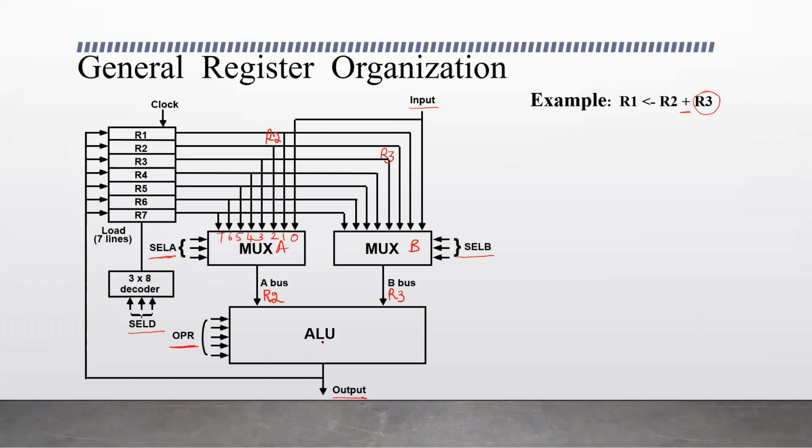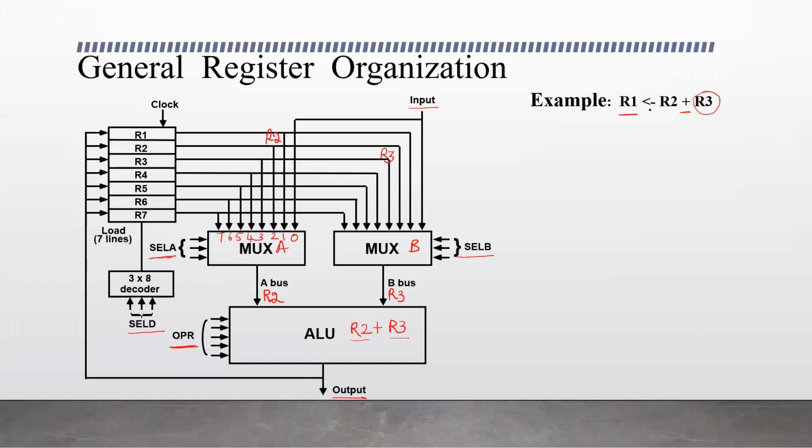Now what this ALU needs to do is perform addition. So this OPR selects the operation addition, and the ALU performs the operation R2 plus R3, addition on the data in R2 and R3, and it generates the result. And here it has to be stored in register R1.